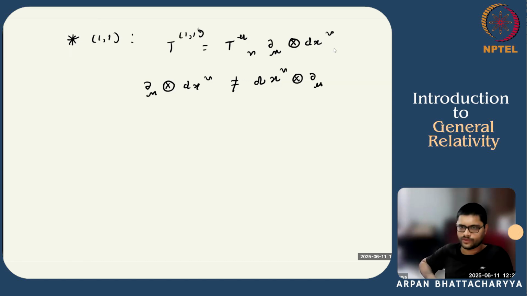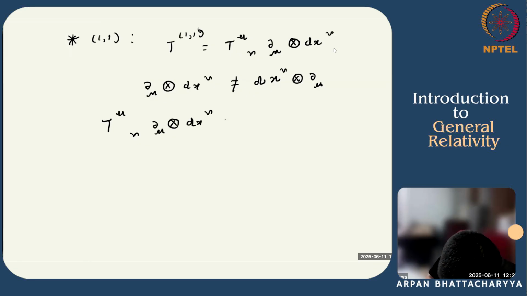Okay. If you change the ordering, you get a different tensor. So which means that T mu nu del mu dx nu is not equal to T nu mu dx nu del mu.